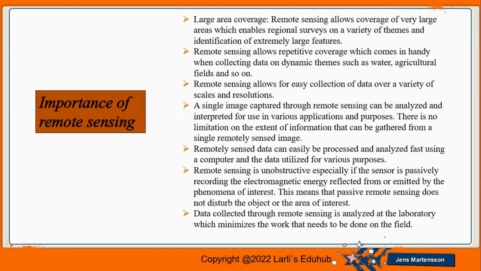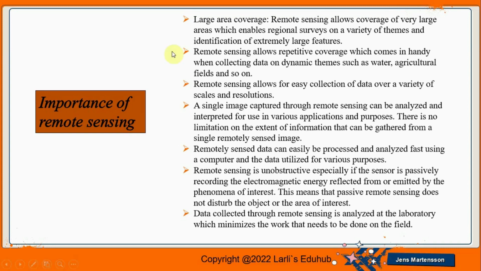By remote sensing, you can either opt in for the satellite, which is very expensive, or you can just use a drone or an aircraft and just take the information you need and analyze it yourself without having to go there yourself.